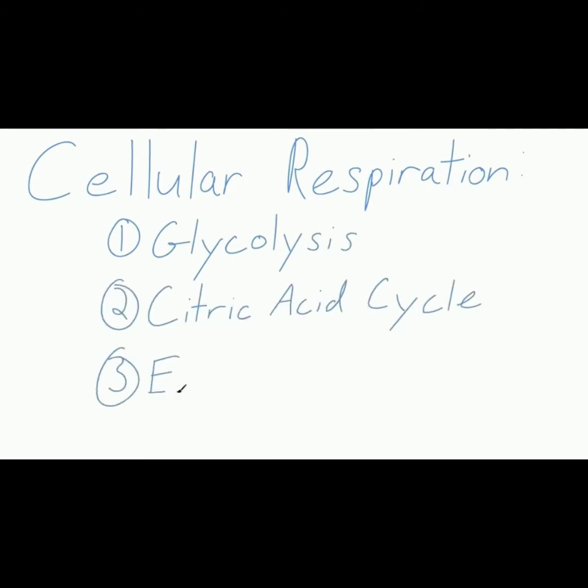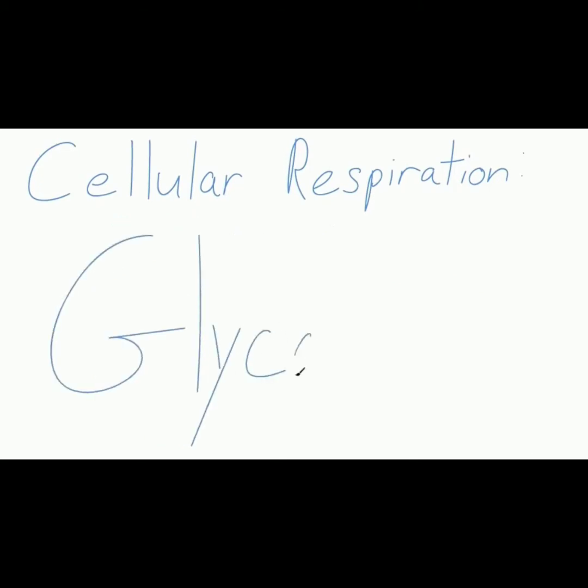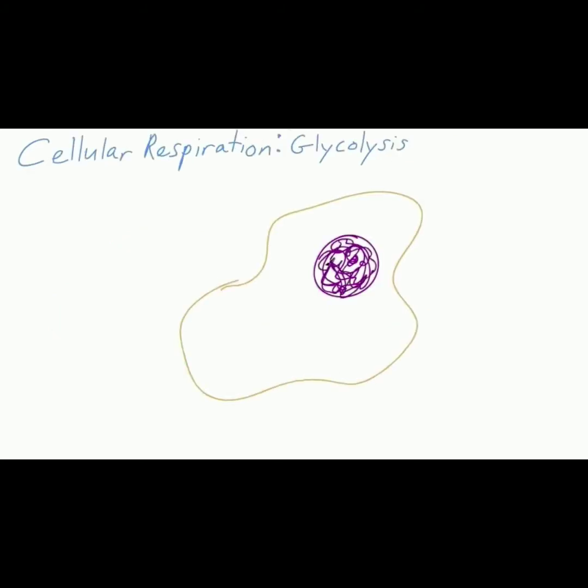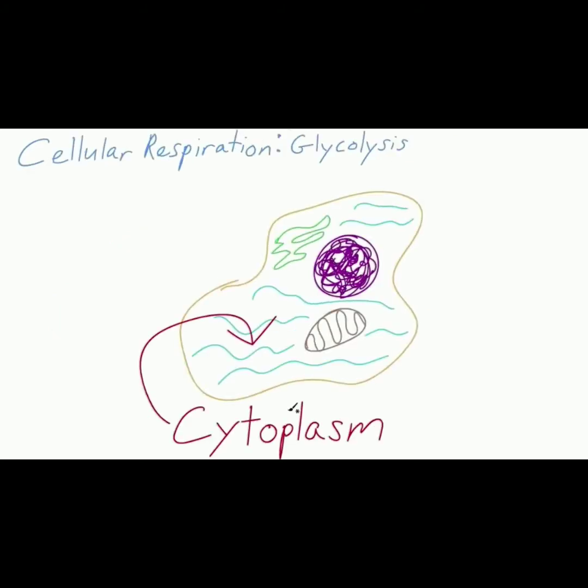Cellular respiration has 3 steps: glycolysis, the citric acid cycle, and the electron transport chain. The first step in cellular respiration is glycolysis. This step takes place in the cytoplasm of the cell.